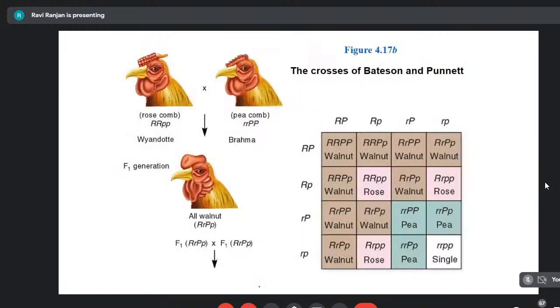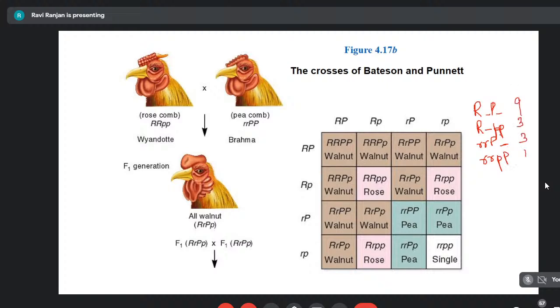Whenever you do a dihybrid cross, there will be 9 capital R capital P, 3 capital R small p, 3 small r capital P, and 1 small r small p.